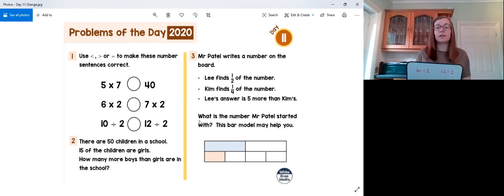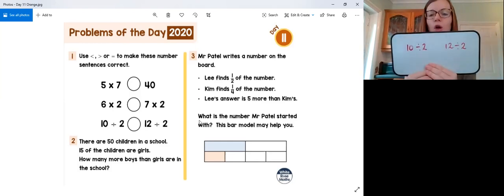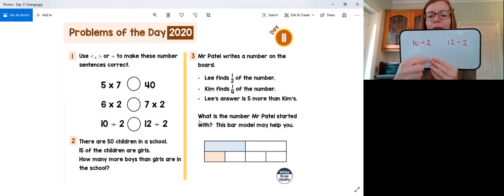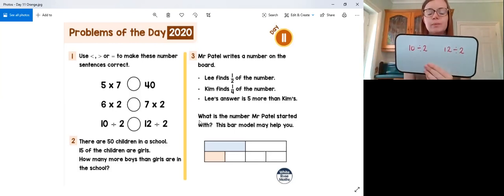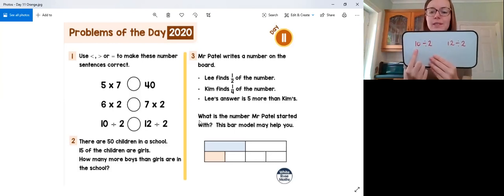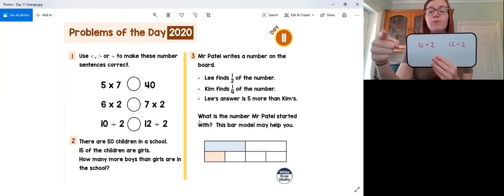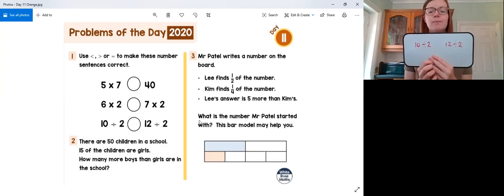So this time, instead of looking at how many lots of something, we are looking at how many is in each group when we share it, because division is like sharing into equal groups, isn't it? So here I start with 10, let's say sweets, and I'm sharing it into 2 equal groups. So a group for me and a group for you. So how many sweets would we each get if we were to share that out?